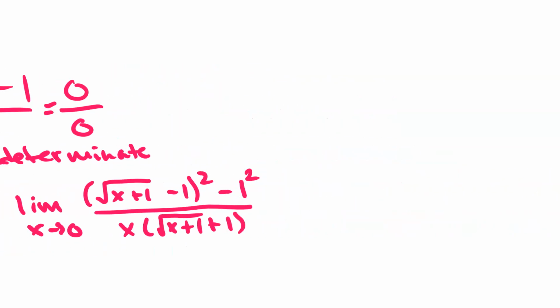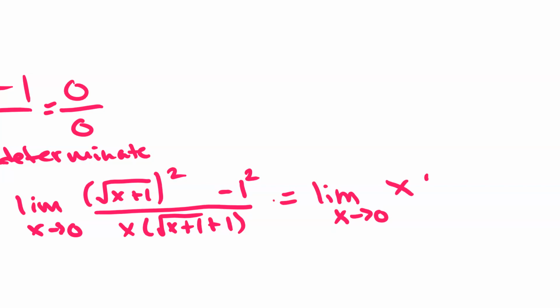All right, now the square root, I'm sorry, this was supposed to be this. So the square root cancels. We've got x plus 1 minus 1 over that yucky denominator.